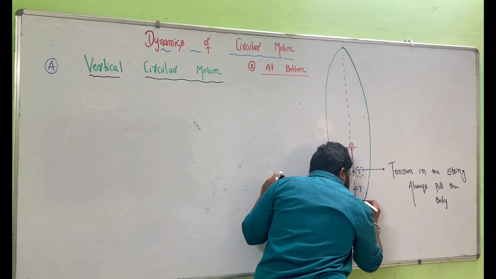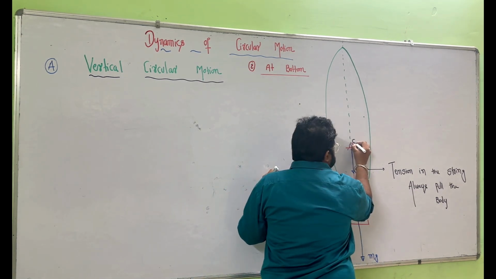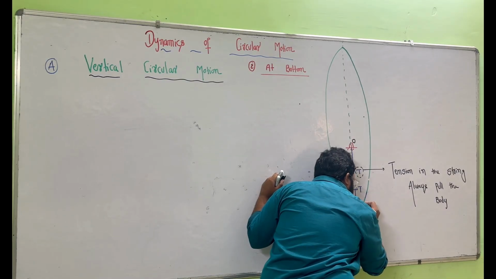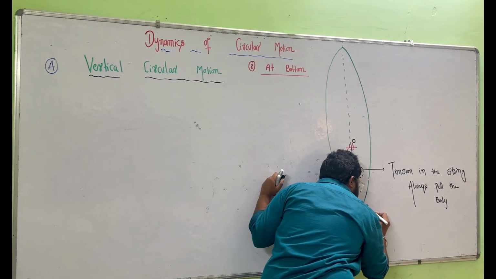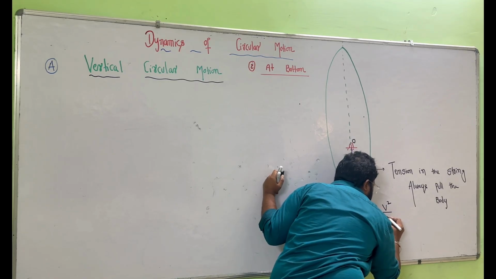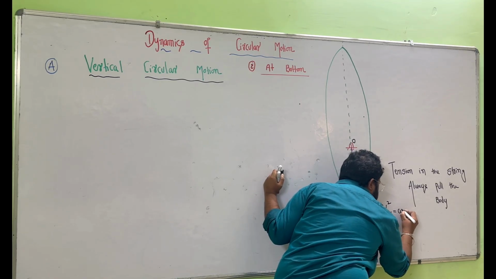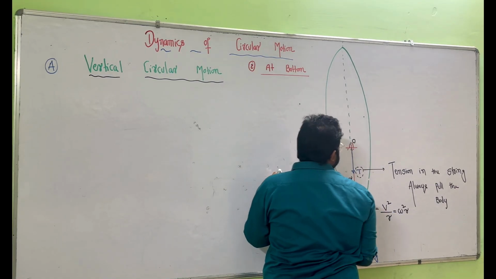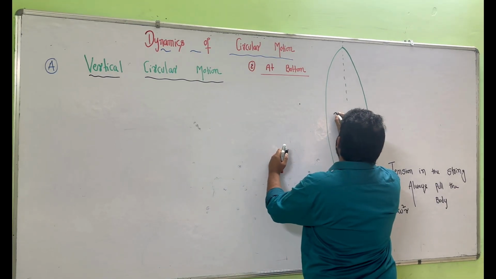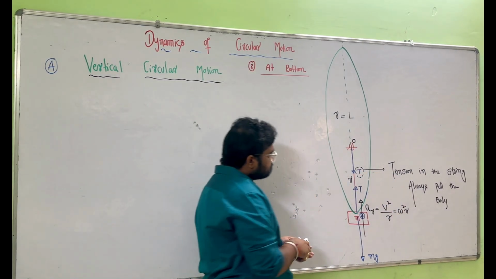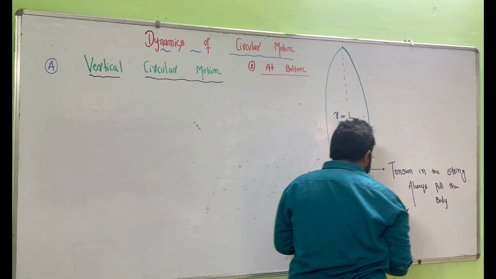What is the radial acceleration? It is towards the center of circular motion. Radial acceleration is v square by R, or omega square R. This R is the radius, and R is nothing but the length of the string.